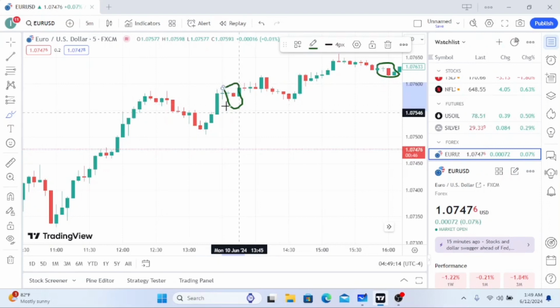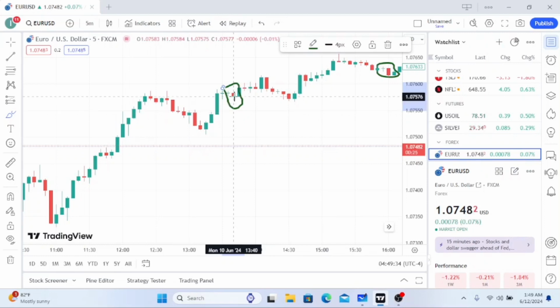So if you can watch this, this red candle here appeared immediately the doji was formed. After the doji, the red candle appeared. So let's look for another illustration.